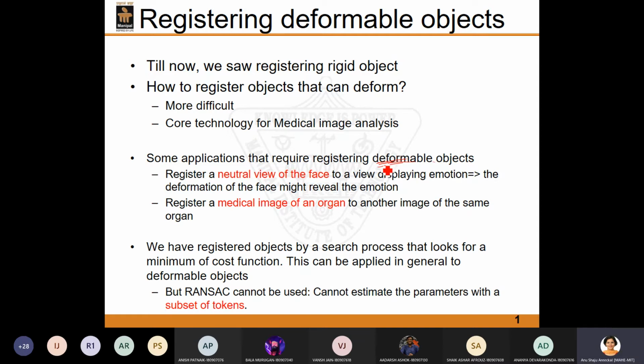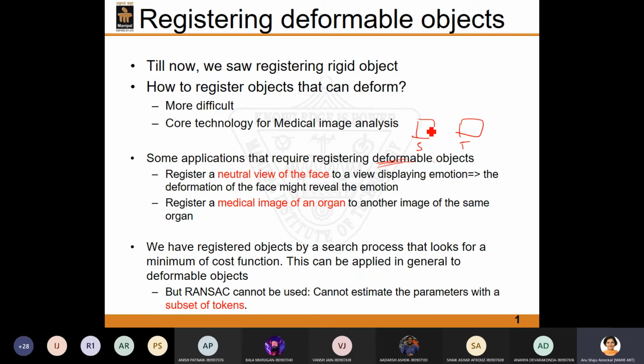And the concept of matching using tokens is valid only if the object is rigid. That is what we have discussed till now, right? If there is a change in the object which is present in the source and the target, then we cannot find the correspondence points exactly, because the object has changed its shape, so we cannot find an exact point-to-point correspondence in this case.